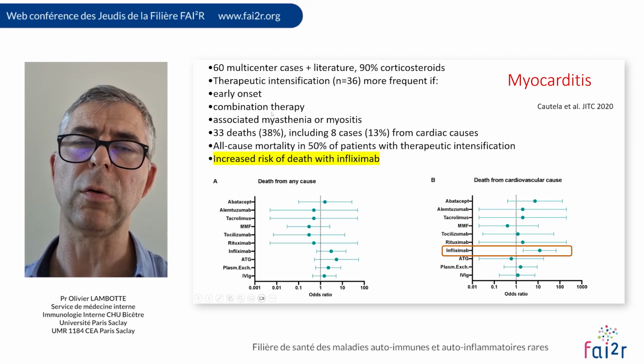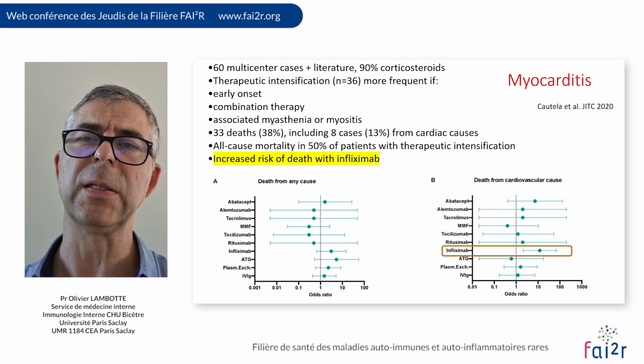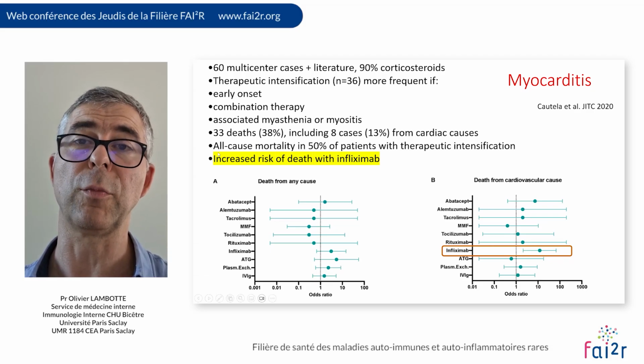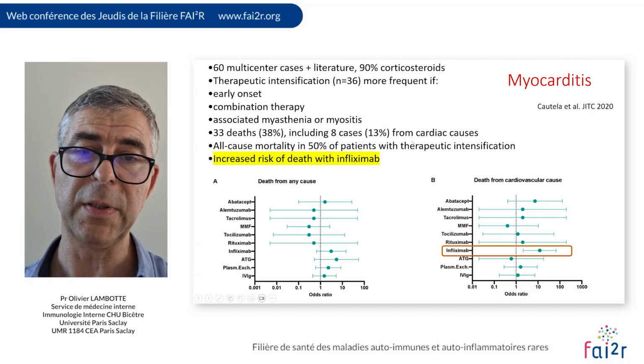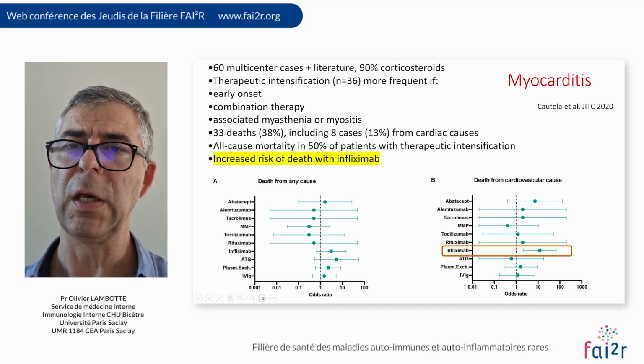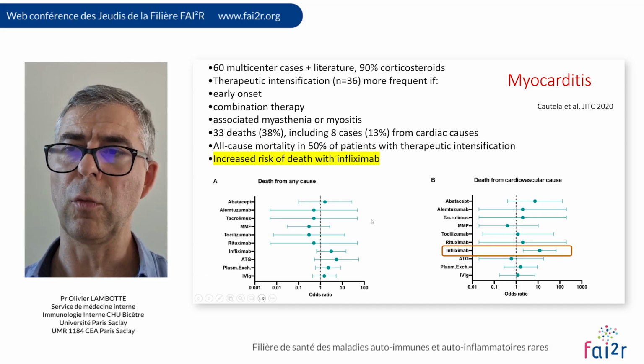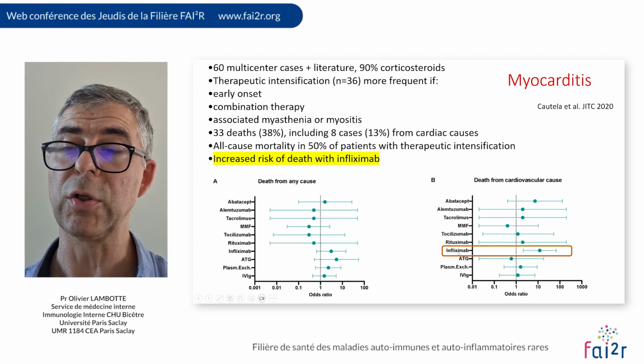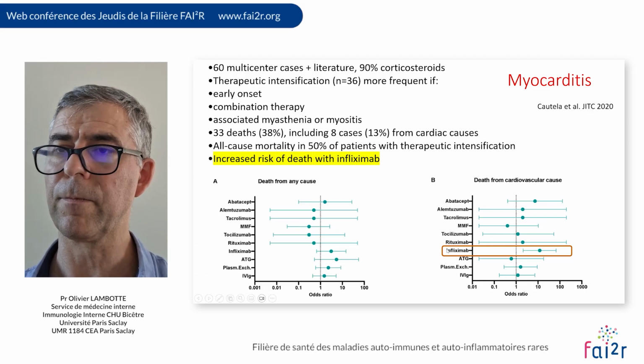Clearly, the combination anti-PD-1 plus anti-CTLA-4 is frequently used, and they were also associated with the triple form. Interestingly, only 8 deaths were related specifically to cardiac causes. No drug was identified as the best, but one drug is clearly deleterious and must be avoided, which is infliximab.